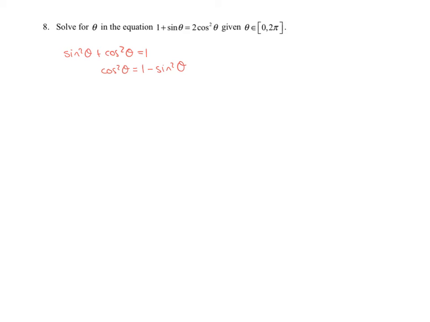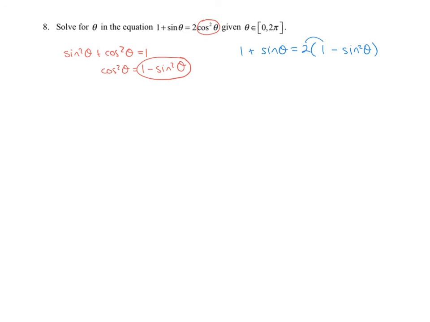And so what I'm going to try is replacing cosine squared theta with 1 minus sine squared theta, so that my equation only has sine thetas in it. And we end up with 1 plus sine theta equals 2 times, and then here's where I'm inserting 1 minus sine squared theta in the place of cosine squared theta.